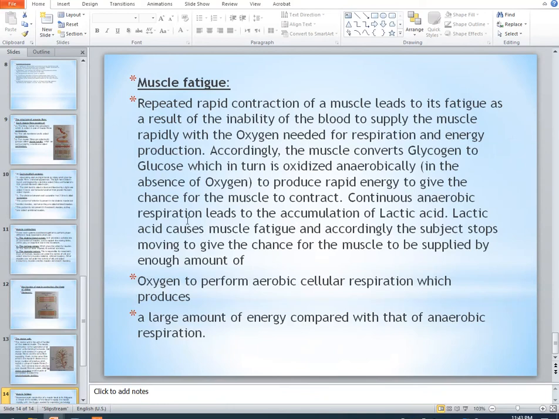Continuous anaerobic respiration leads to the accumulation of lactic acid, and lactic acid causes muscle fatigue. Accordingly, the subject stops moving to give the muscle the chance to be supplied with enough oxygen to perform aerobic cellular respiration, which produces a large amount of energy compared with anaerobic respiration.